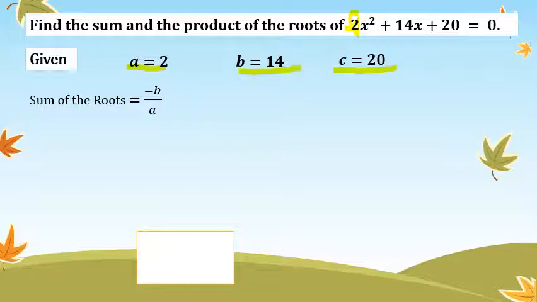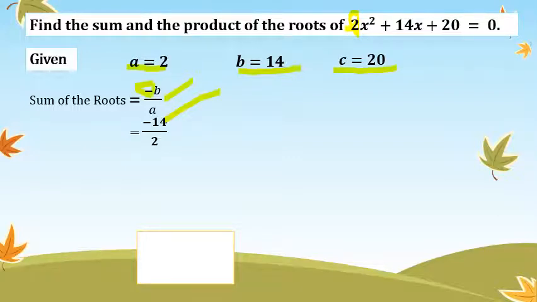Unahin natin ang sum of the roots. Sum of the roots equals negative B over A. So, papalitan lang natin ang B and A. So, magkakaroon tayo ng negative 14 over 2. So, bakit negative?